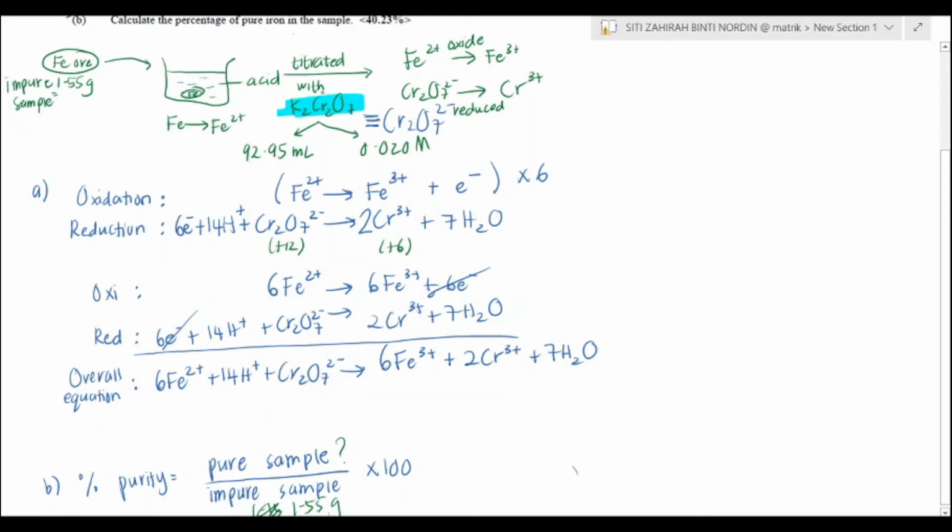The information for the compound given would be the same as its ions. So the information for Cr2O7 2- is a volume of 92.95 ml and a molarity of 0.02 molar. Now the question asks for the percentage of pure iron.